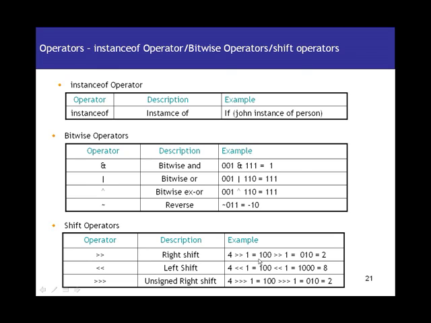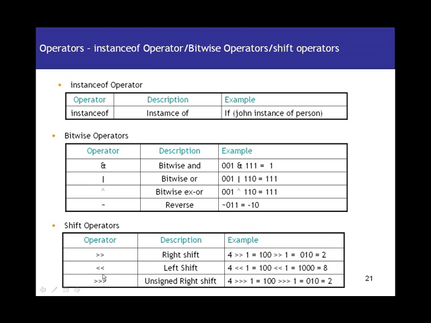The binary representation of 4 will be 100. When I shift 1 bit right, the leftmost position is going to be replaced by 0, so it's going to be 0 1 0. The 1 in the third position is going to come to the second position. So it becomes 0 1 0, which is equal to 2.